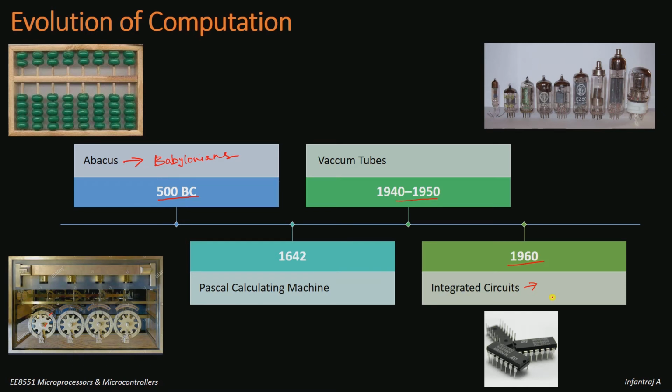When these discrete electronic components were available, later in the year 1960, people started integrating all these circuits under a single silicon piece, which was later named the integrated circuit. It is from integrated circuits that the journey of the microprocessor started.